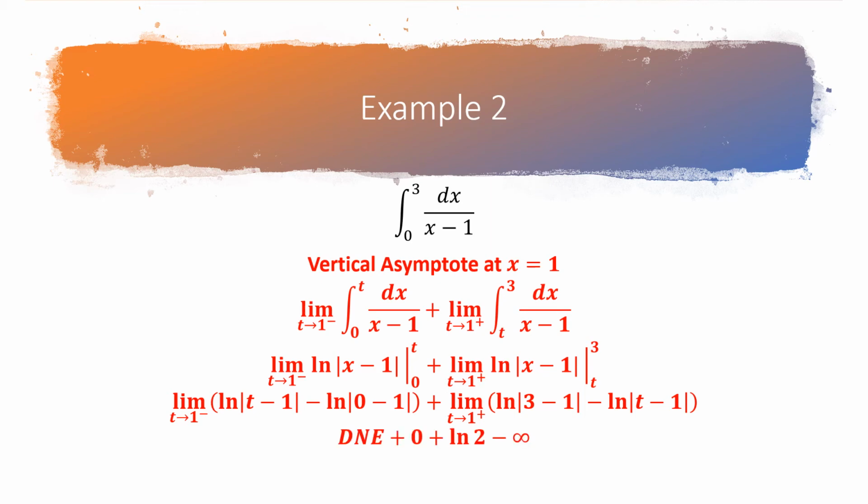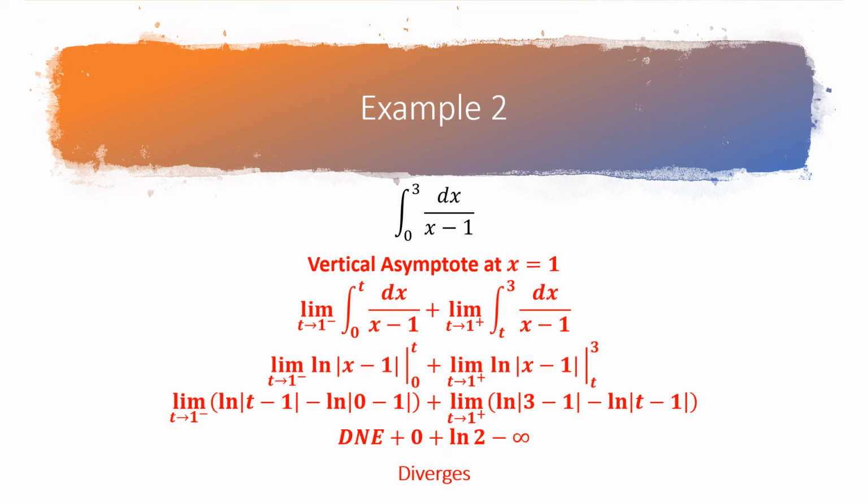All right, so plugging in my value for t on my limit, I'm going to get ln of 1 from the left minus 1, which doesn't exist, and then plus 0, and then I'm going to get ln of 2, and then plugging in 1 from the right, I'm going to get infinity. And so because I got something that doesn't exist and something that gives me infinity, I know that this integral does not exist, and therefore I'm going to diverge.